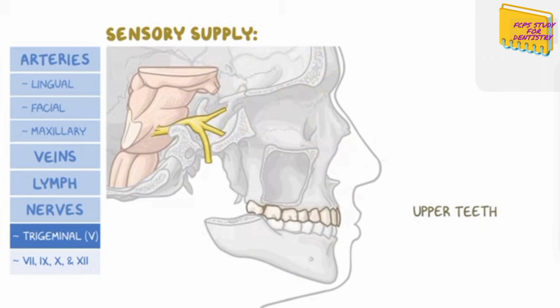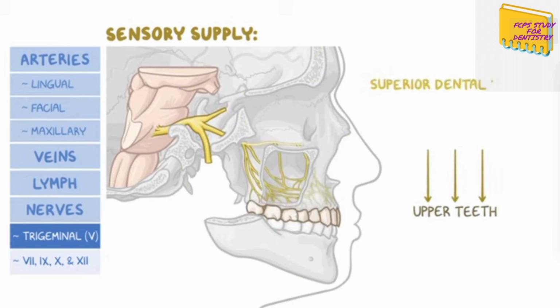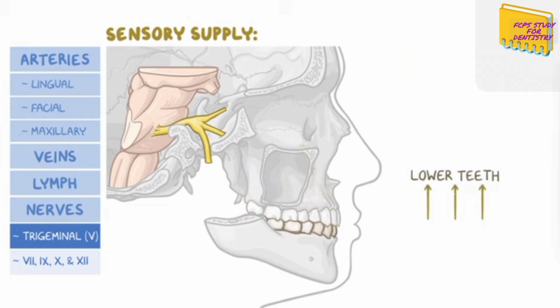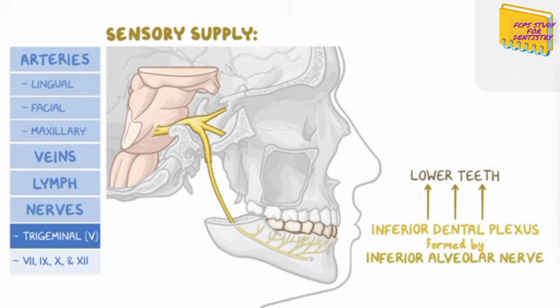Next, the upper teeth are supplied by the superior dental plexus, which is a nerve network lying above the apices of the teeth. It's formed by the anterior, middle, and posterior superior alveolar nerves. The lower teeth are supplied by the inferior dental plexus, formed by the inferior alveolar nerve.